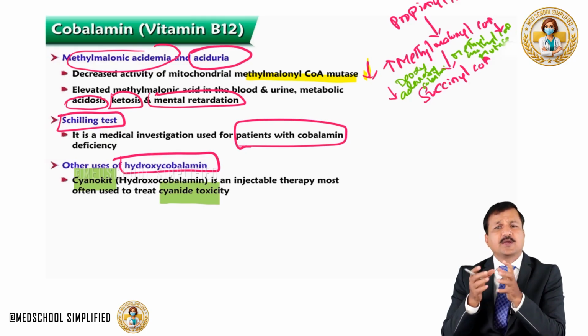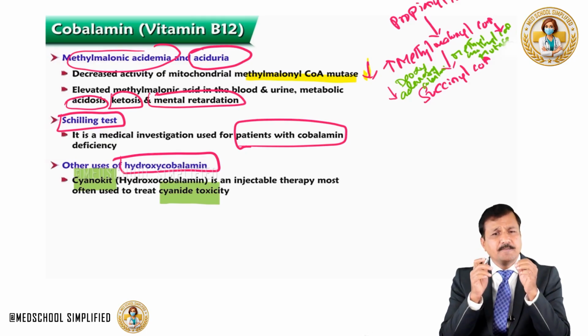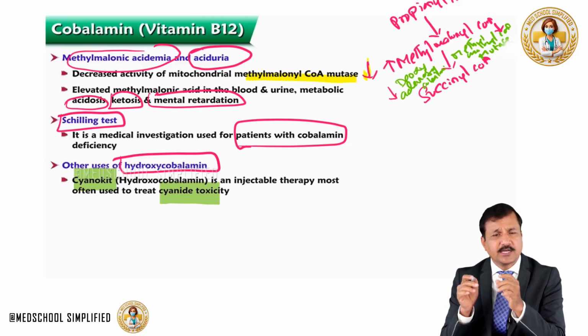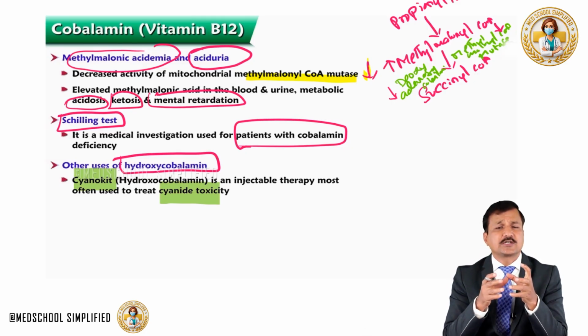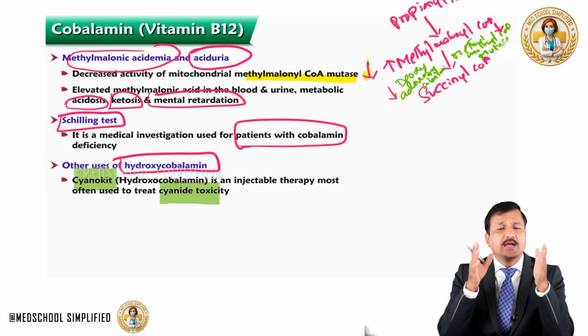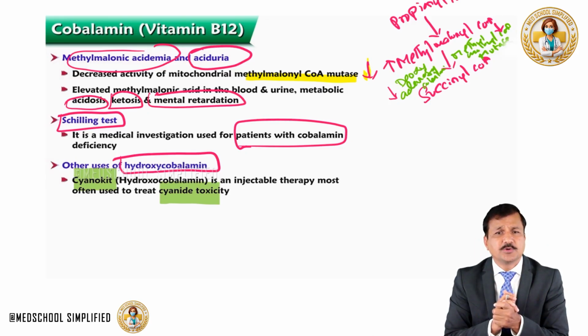bound with cyanide. Because cyanide has affinity for the electron transport chain complex called cytochrome C oxidase. And this cytochrome C oxidase, if it binds with cyanide, it's totally inhibiting the electron transport chain.